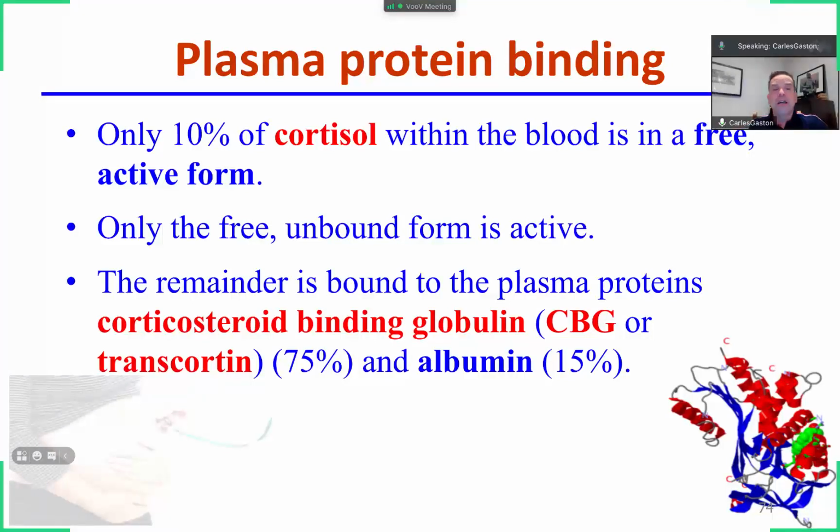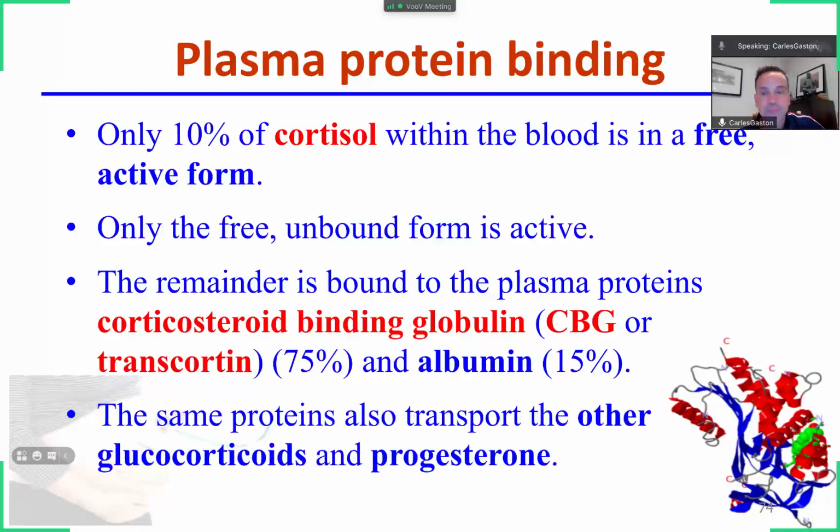This is normally attached to plasma proteins called corticosteroid binding globulin, or CBG, or transcortin, in 75% of the cases, and to albumin in 15% of the cases. The same protein also transports other glucocorticoids and progesterone.